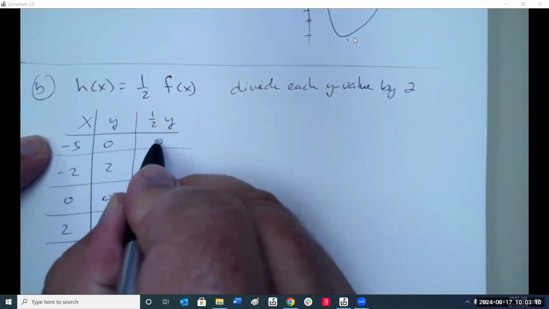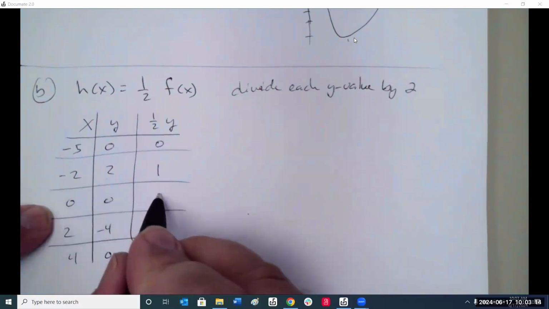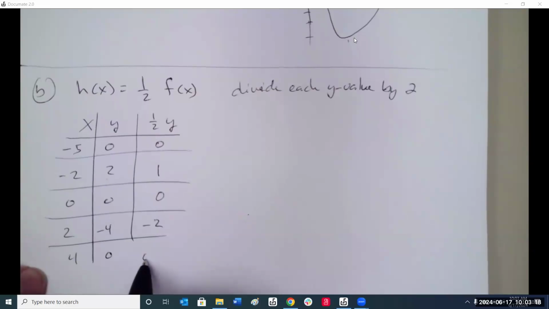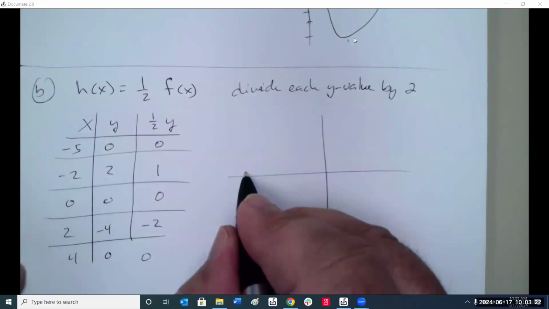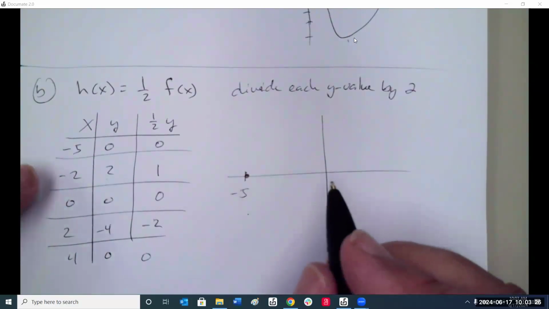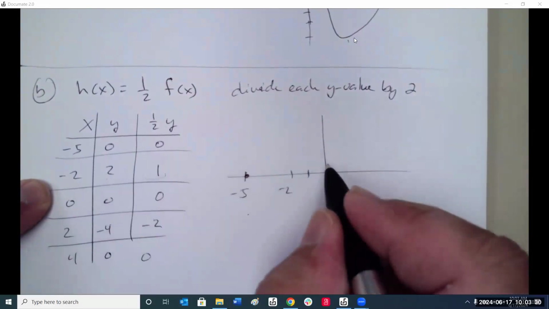So 0 divided by 2 is 0. 2 divided by 2 is 1. 0. -4 divided by 2 is -2. 0. So still -5, 0. At -2, it's now 1.